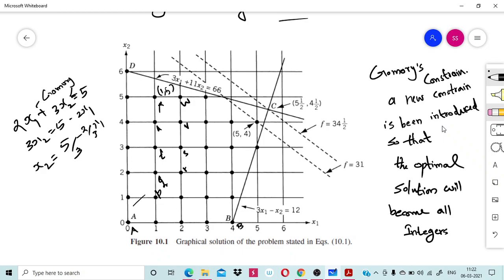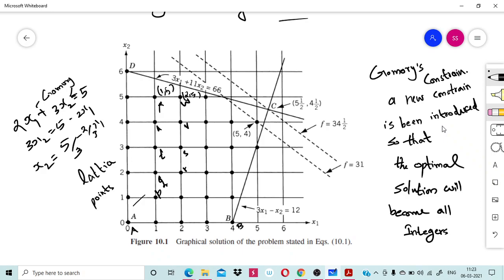And W we will get as 2, 5, like that. All these points are known as lattice points. One of these lattice points will be our solution.